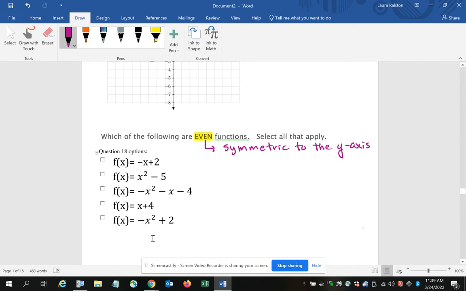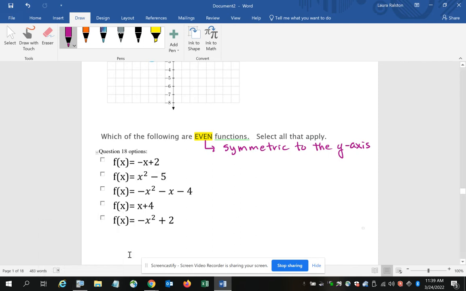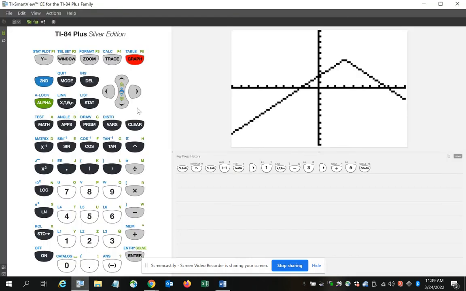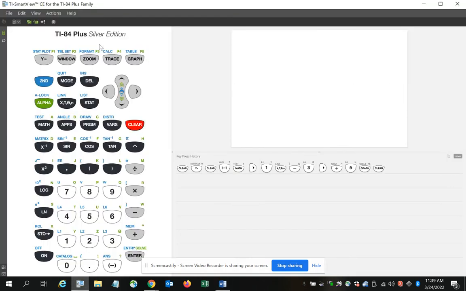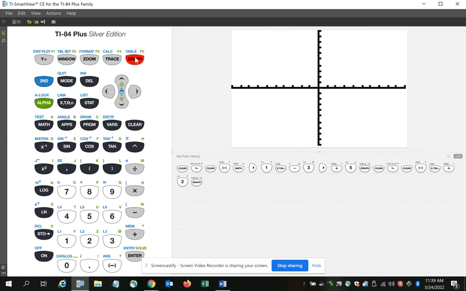Probably visually would be the easiest, at least to start with, and then you could verify algebraically. So if I go over and I use the first one, negative x plus 2, I'm going to clear out the graph I have. I'm going to go to y, and I'm going to do negative x plus 2, and I'm going to graph.